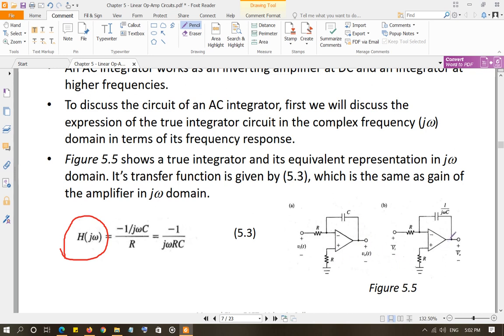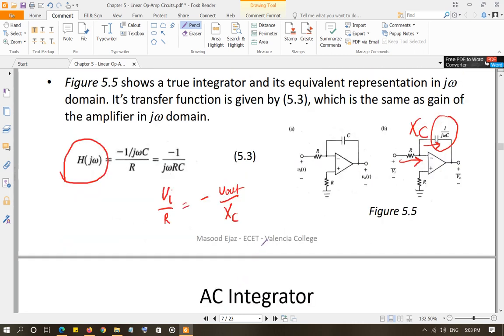We analyze the circuit in the phasor domain, in the complex frequency domain. So V in, V out, and then the reactance of the capacitor, 1 over j omega C. Again, we do the same analysis. KCL here: current here is equal to current here, and then V input over R is equal to negative V output over XC.